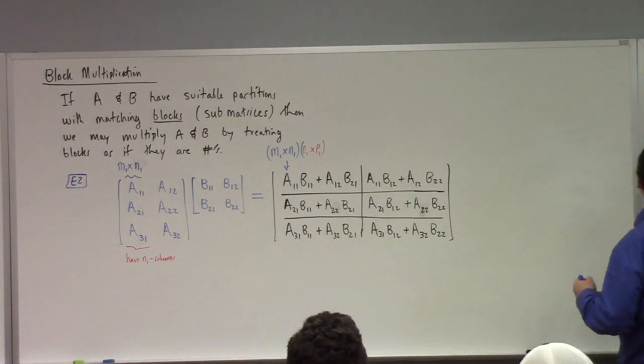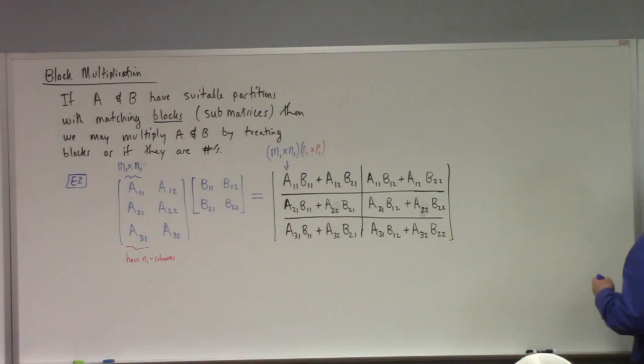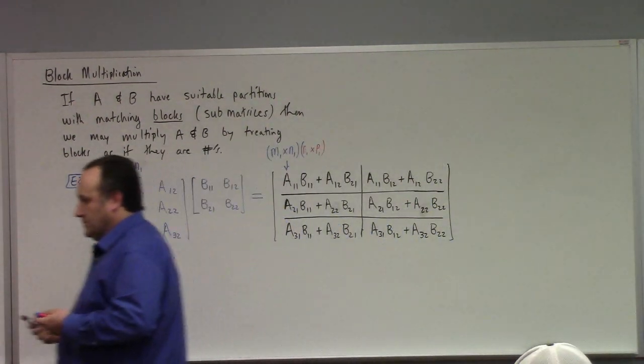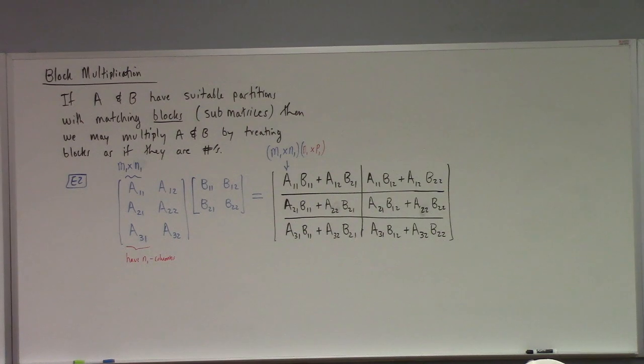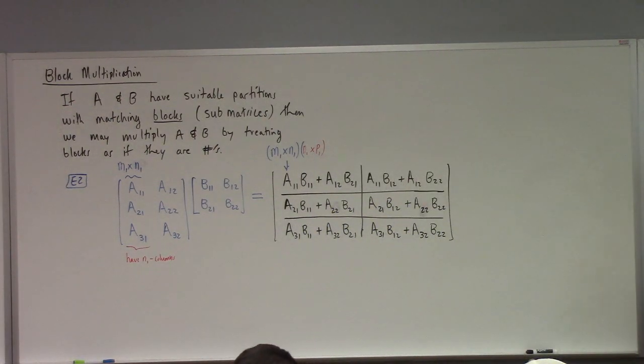So example 3. Let A, B, C, and D be square matrices of the same size. Actually, there's no D. Let's just do ABC, square matrices.